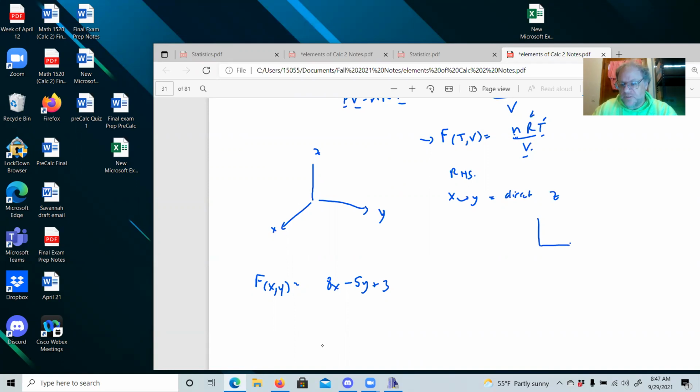If you wanted to do x and y like this, you would put your hand on the x, curl it to the y, and your z is going to be coming out of the board, out of the wall. Then we just rotate it, so we rotate the z into that, and that's how we have our x and our y coming the other way.